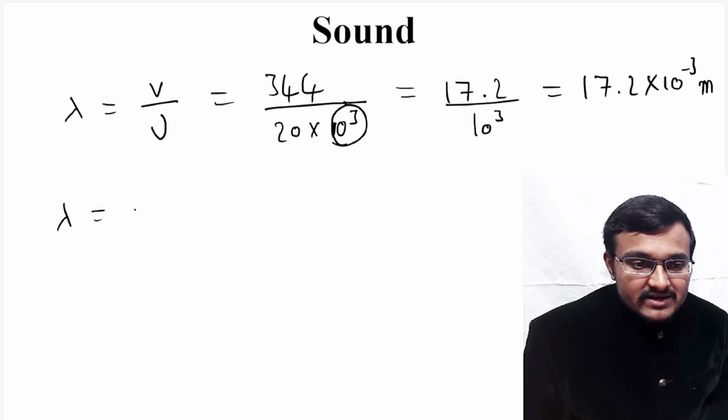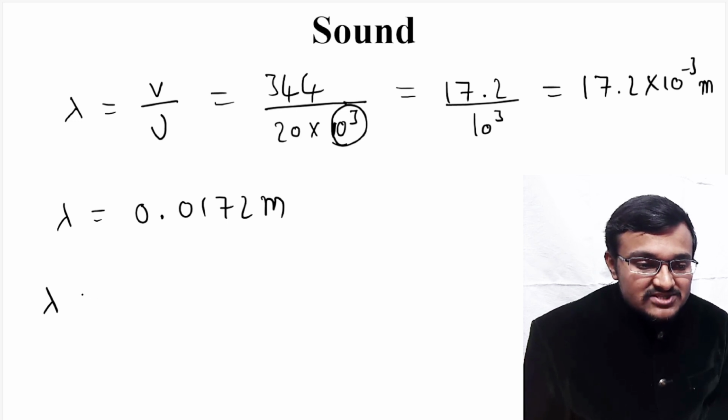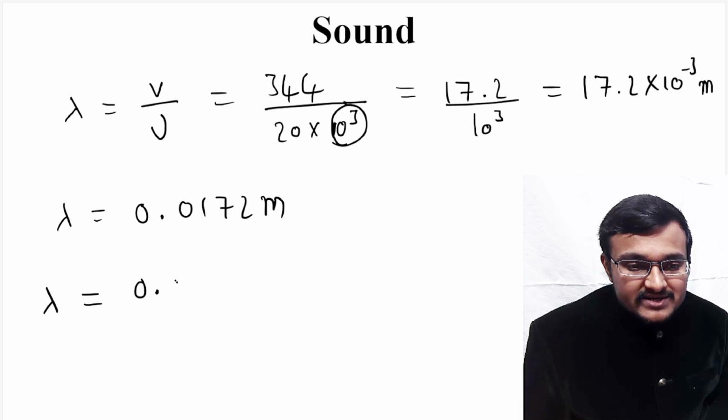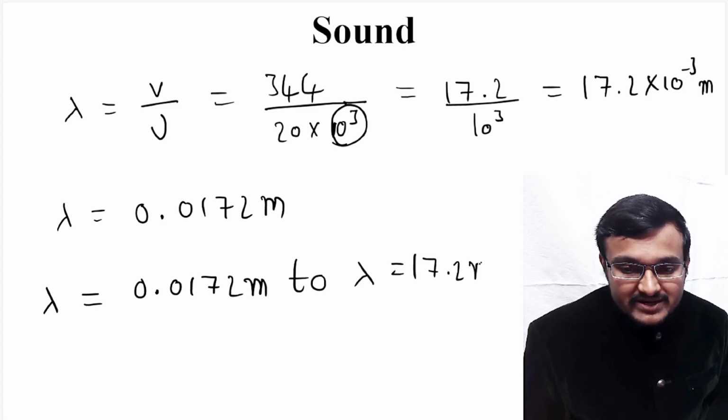Or you can bring this decimal point to the left hand side. So that will be 0.0172 meter. So that means the range of this wavelength is 0.0172 meter to lambda is equal to 17.2 meter.